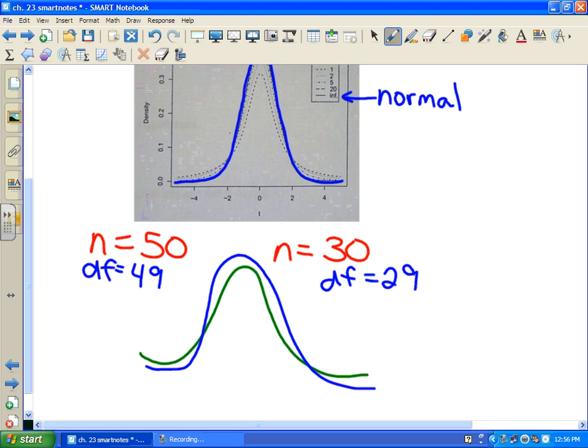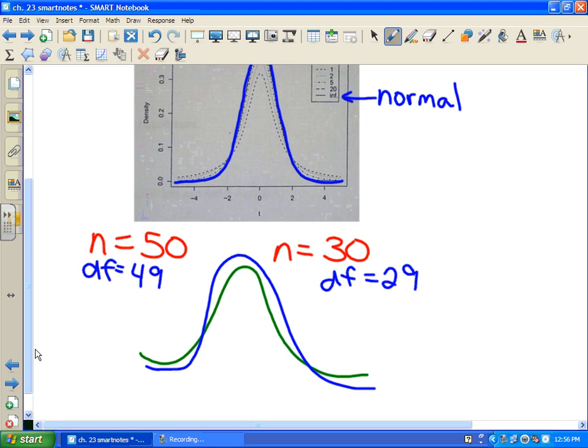Which one's which? The blue is the first one. The blue is 50. Right. And the green is 30. Right. So it gets higher and has smaller tails the bigger the n is. Make sense?